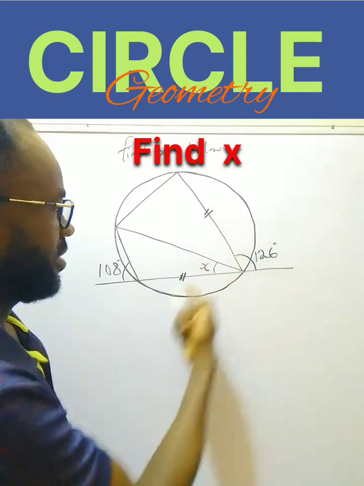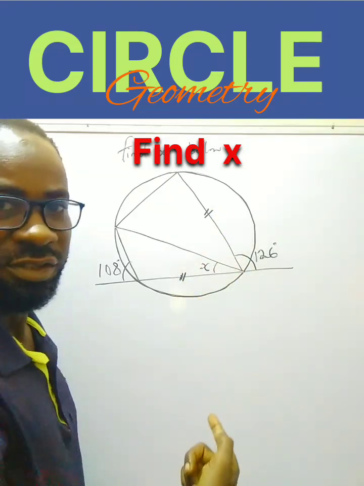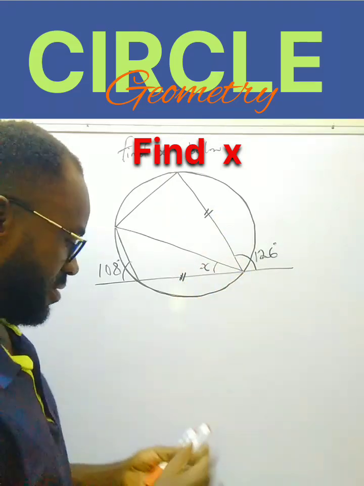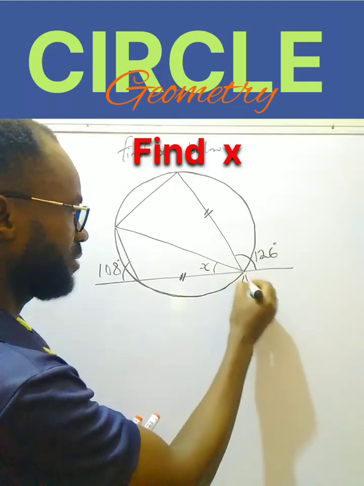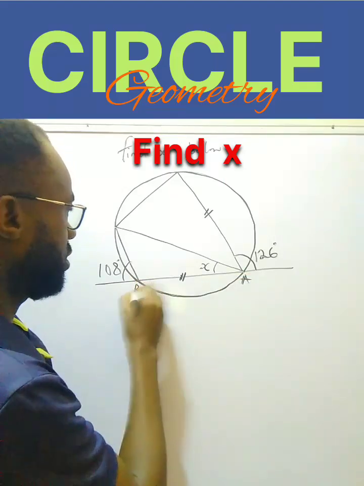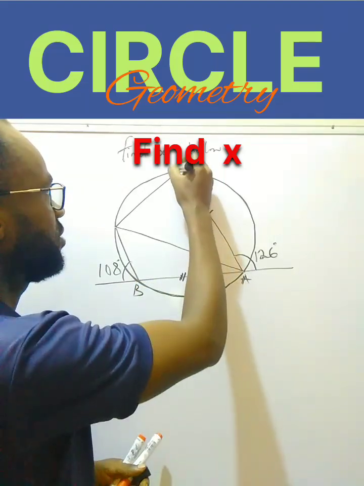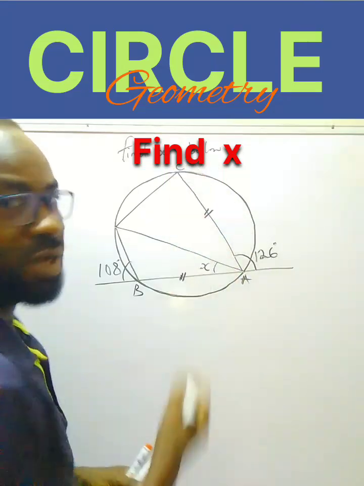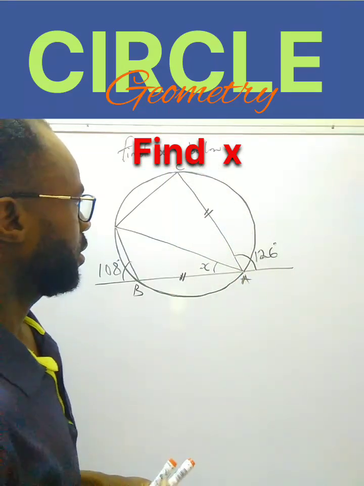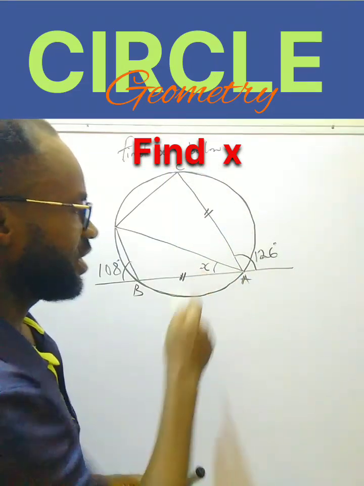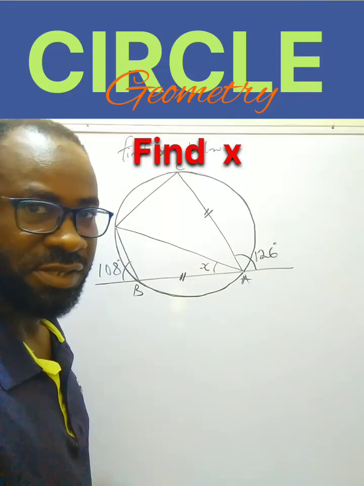Now there's a mark here, telling us that this line from this point, let me call it A, to this point B, and from this point A to this point C are equal. So how do we get this angle x?